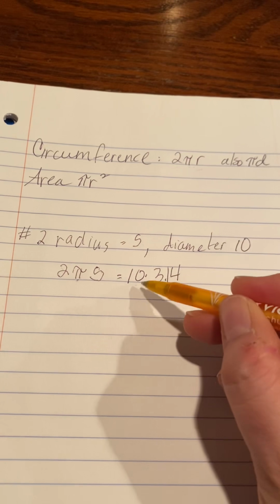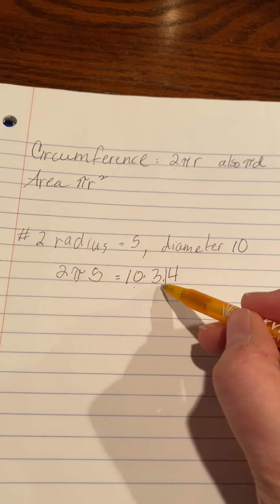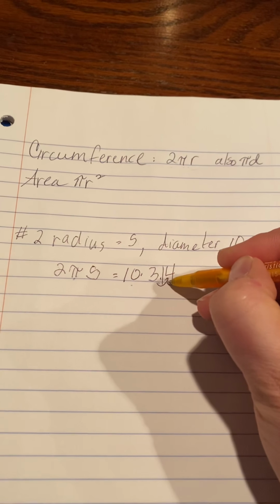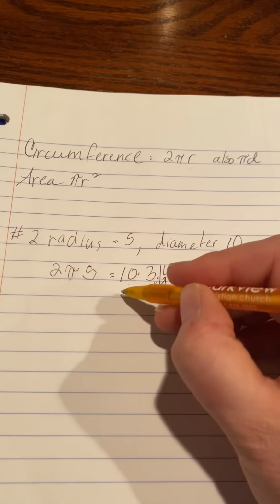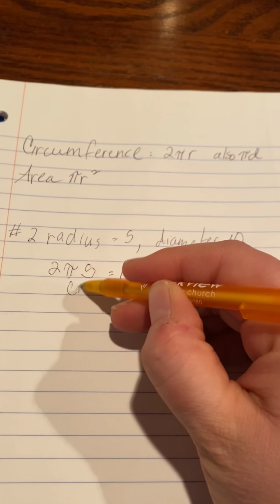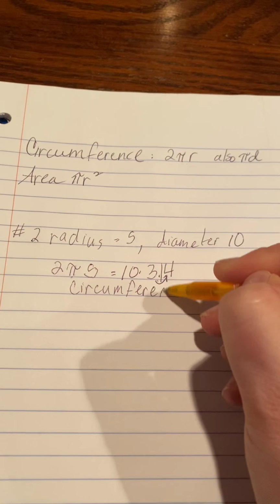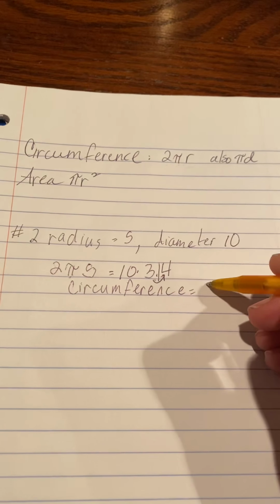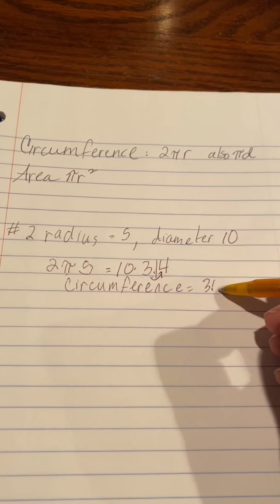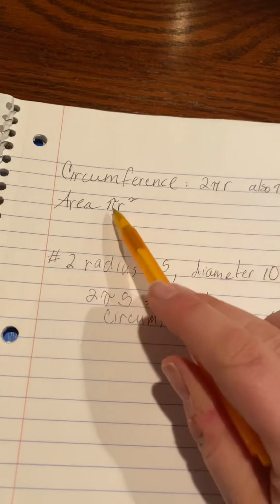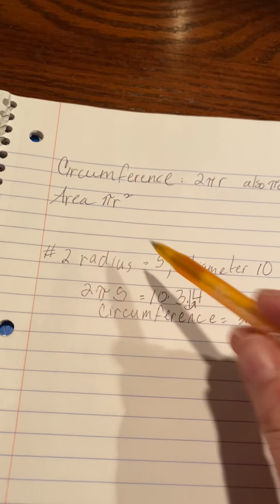Now anytime we have a 10 and we have a decimal, all we have to do when we're multiplying, just scooch it over 1. So now our circumference equals 31.4.